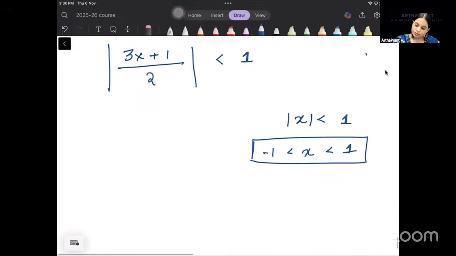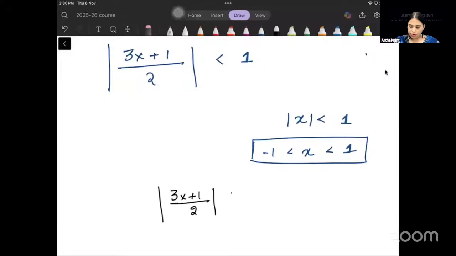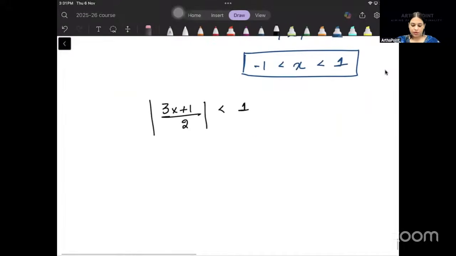Let's start. Beta, mod of 3x plus 1 by 2 is less than 1. Right? The quantity 3x plus 1 by 2 becomes between -1 and 1 when we remove the mod. Is it clear?